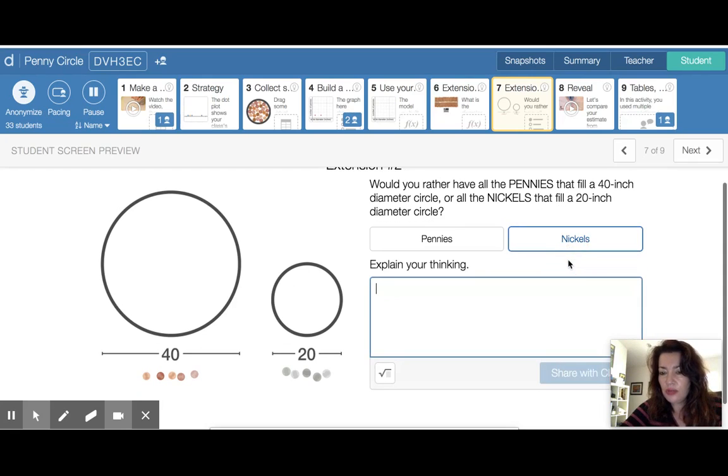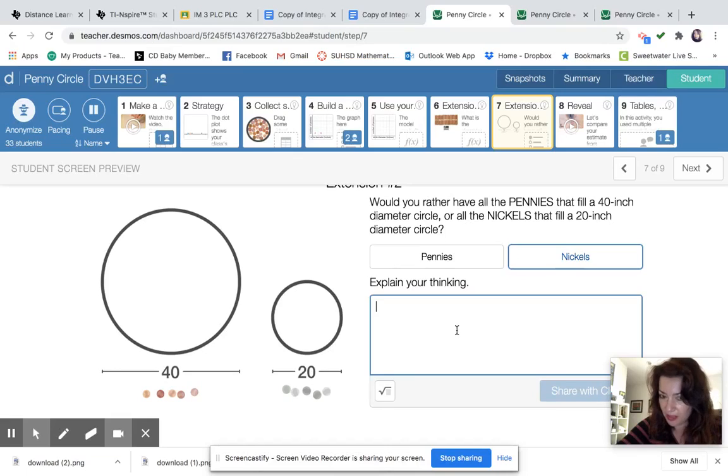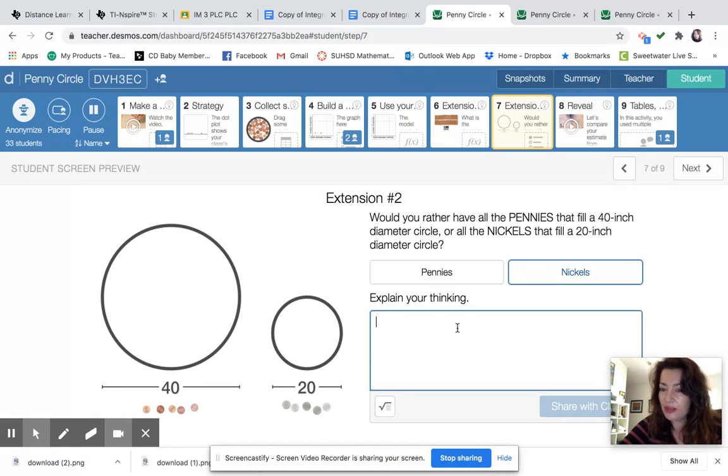If you do say pennies, explain why you think pennies. If you say nickels, explain why you think nickels. For example, nickels may be worth more, but they also take a lot more space, right? Sorry, let me rephrase that. Nickels are a little larger than pennies, so that would take up a little more space. So you could say something like that.